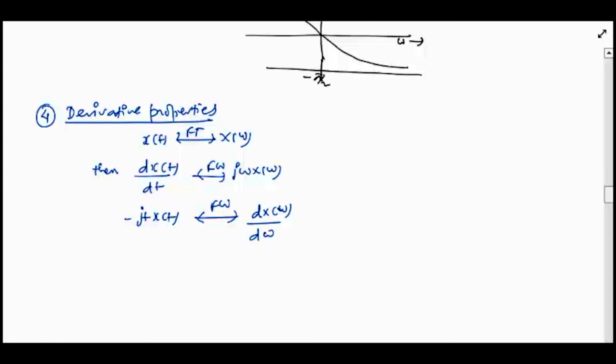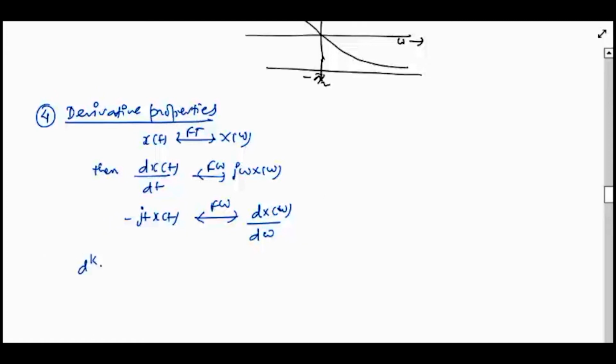These are called derivative properties. We see that there is a certain type of duality between these two relations. We will see uses of this property in a while. Likewise, if we differentiate the synthesis and analysis equations k times, we get the following properties.